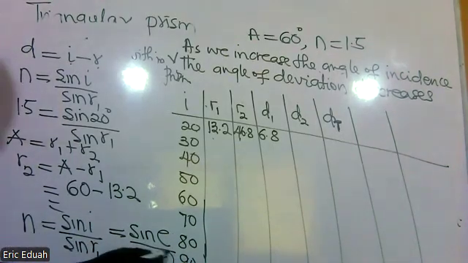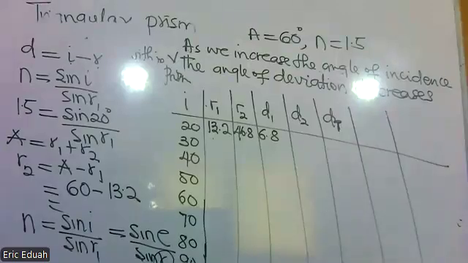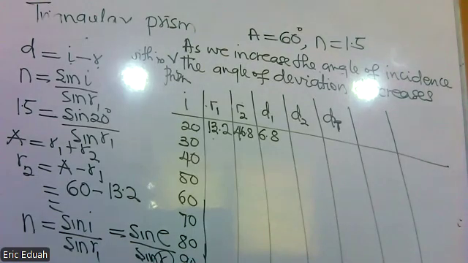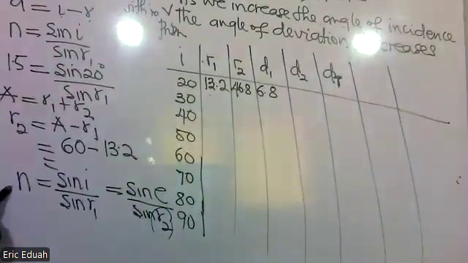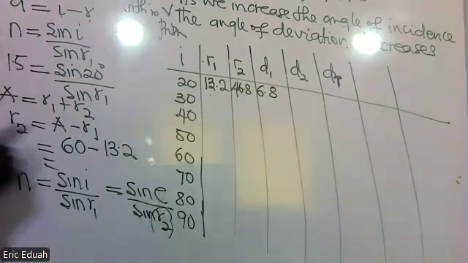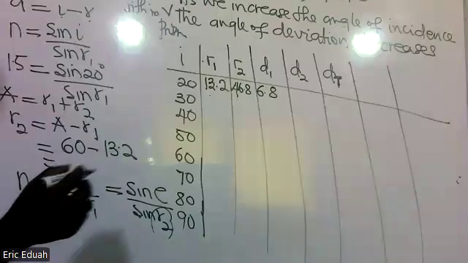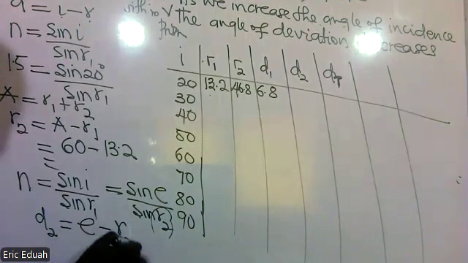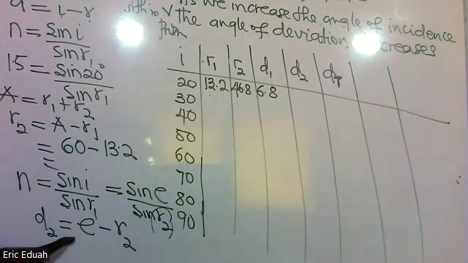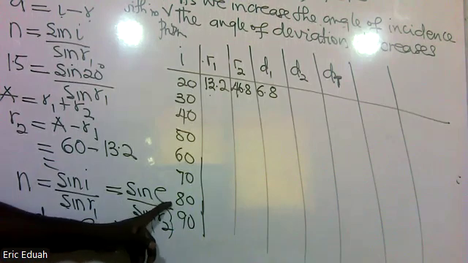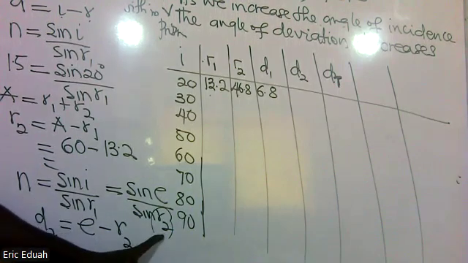So use this to find the angle of emergence. As for R2, we already have it. So you use the refractive index and the value of R2 to find the angle of emergence. Now once you have the angle of emergence, then D2 is equal to E minus R2. So that's how to calculate D2.